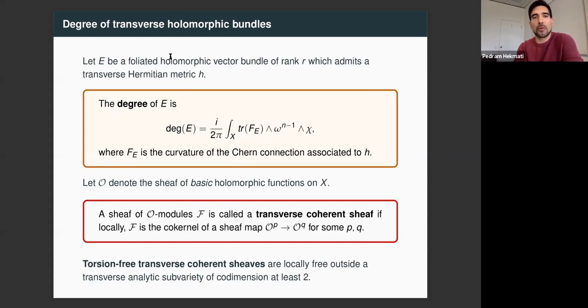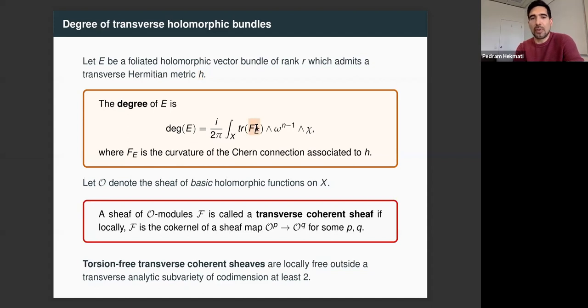So given a foliated holomorphic bundle with a transverse Hermitian metric, the degree is defined as usual, the Chern class of the determinant bundle of E. So we use this Chern-Weyl definition, and so we have a metric H on our foliated bundle.